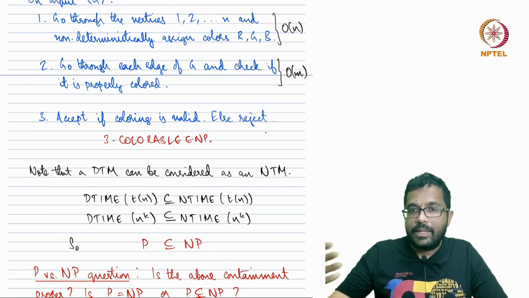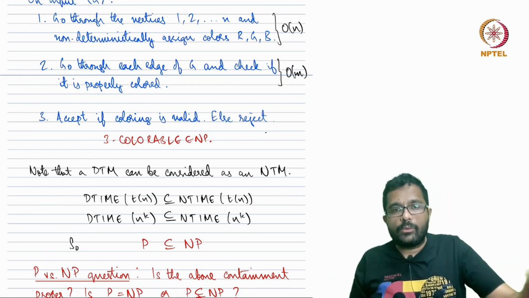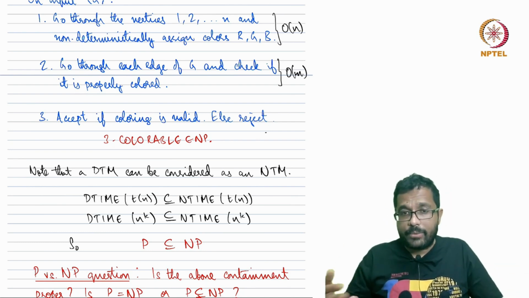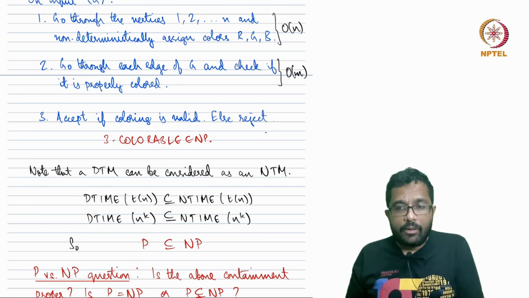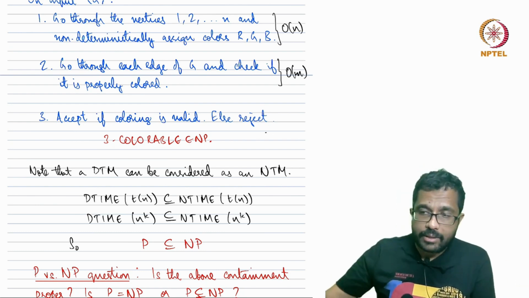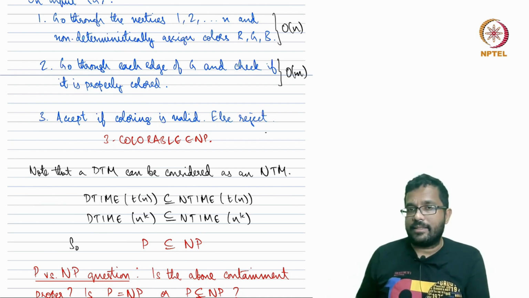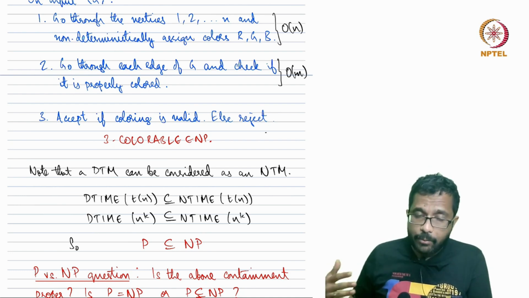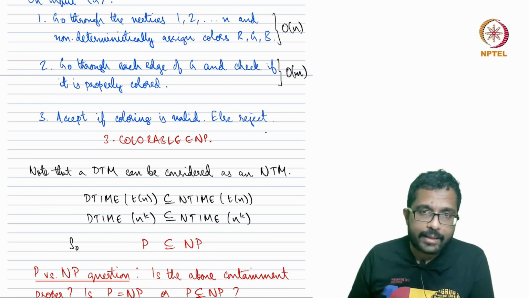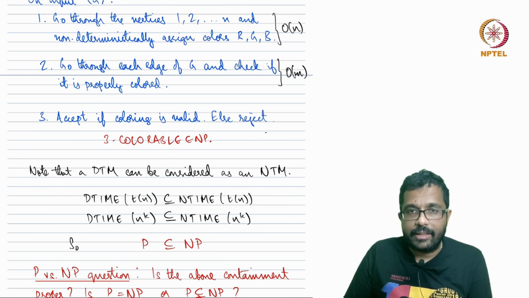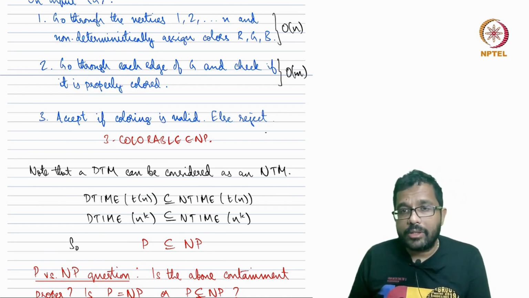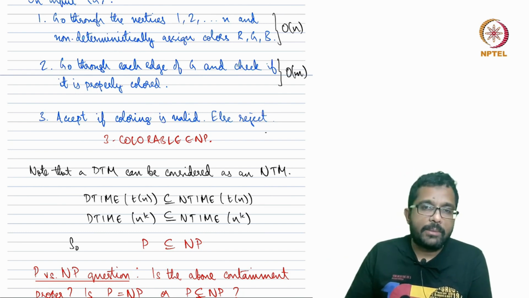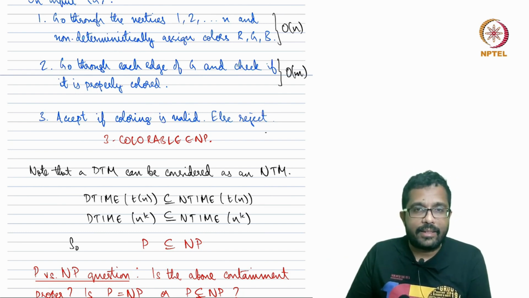So delta can be a function that maps to a set, so it can map to more than one possible option. A configuration can have multiple valid successors, it could also be one successor, it could also be 0 successors. So a deterministic Turing machine can also be seen as a non-deterministic Turing machine, just that I am not using multiple successors at any instance.